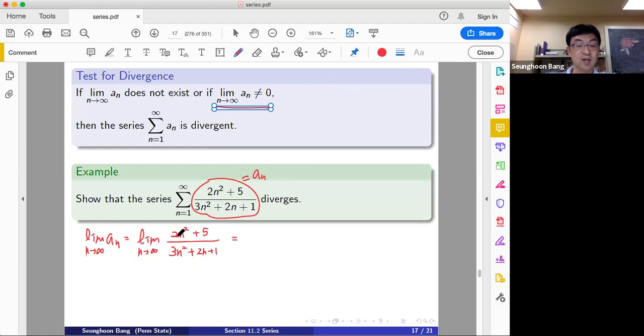So this is infinity over infinity. I want to use relative growth rates. You have to ignore lower terms.